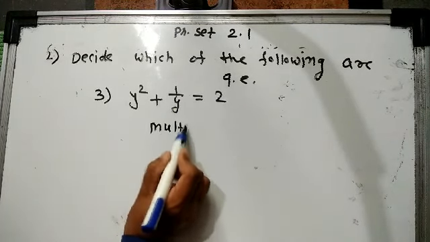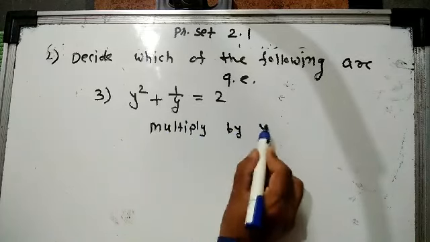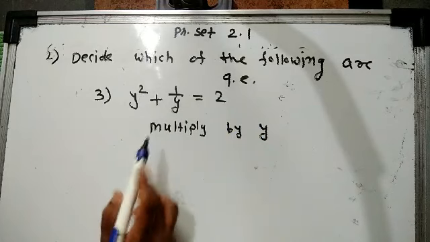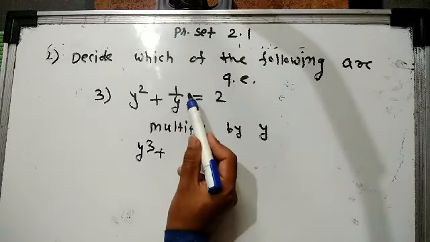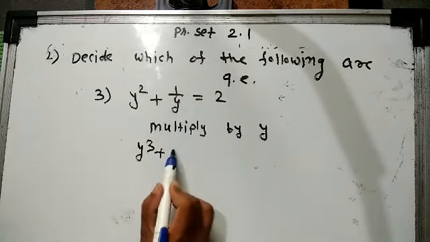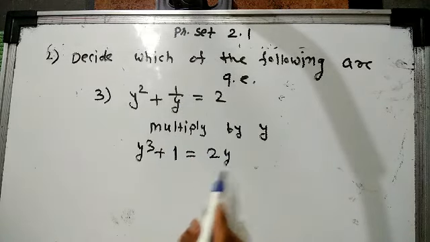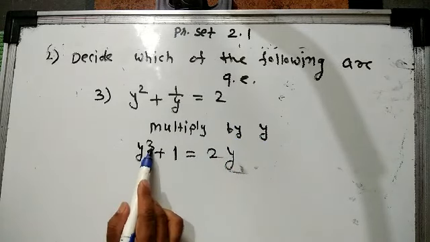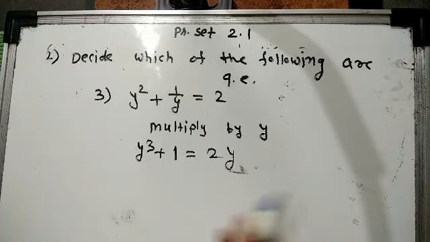When we multiply throughout the equation by y, y square into y is y cube. When we multiply 1 upon y by y, we get only 1. 2 into y is 2y. And here, the index is 3. There is only one variable, the index is 3, therefore it is not a quadratic equation.